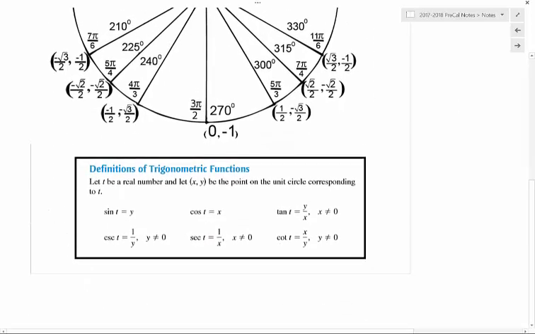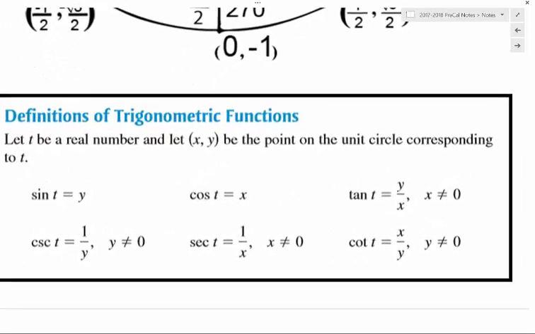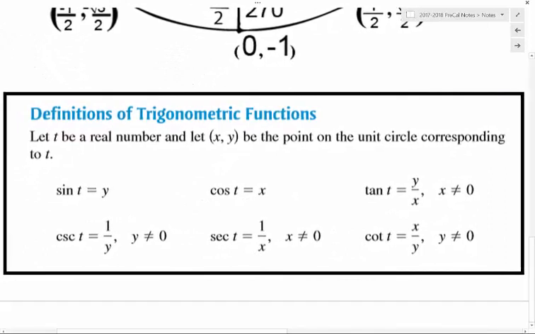The definition of our trig functions, we can state that the sine of any angle is the y value in the unit circle, and the cosine is the x value. And the tangent is the y value over the x value. The cosecant, secant, and cotangent are reciprocals of those angles, as we talked about in 4-3.